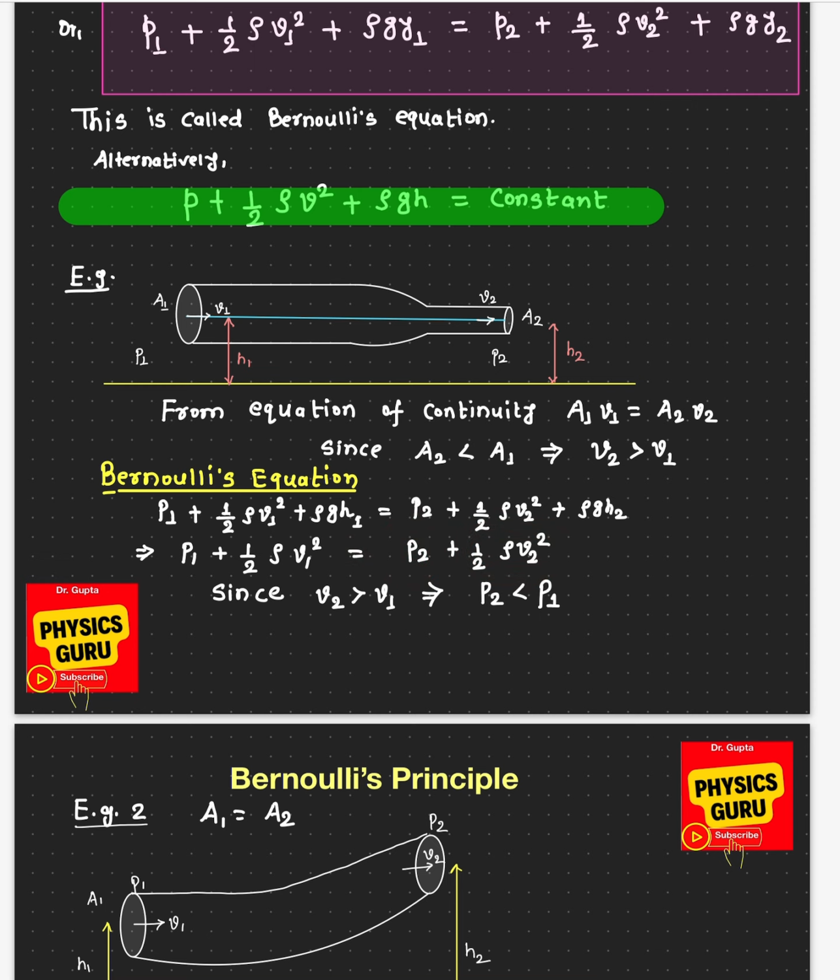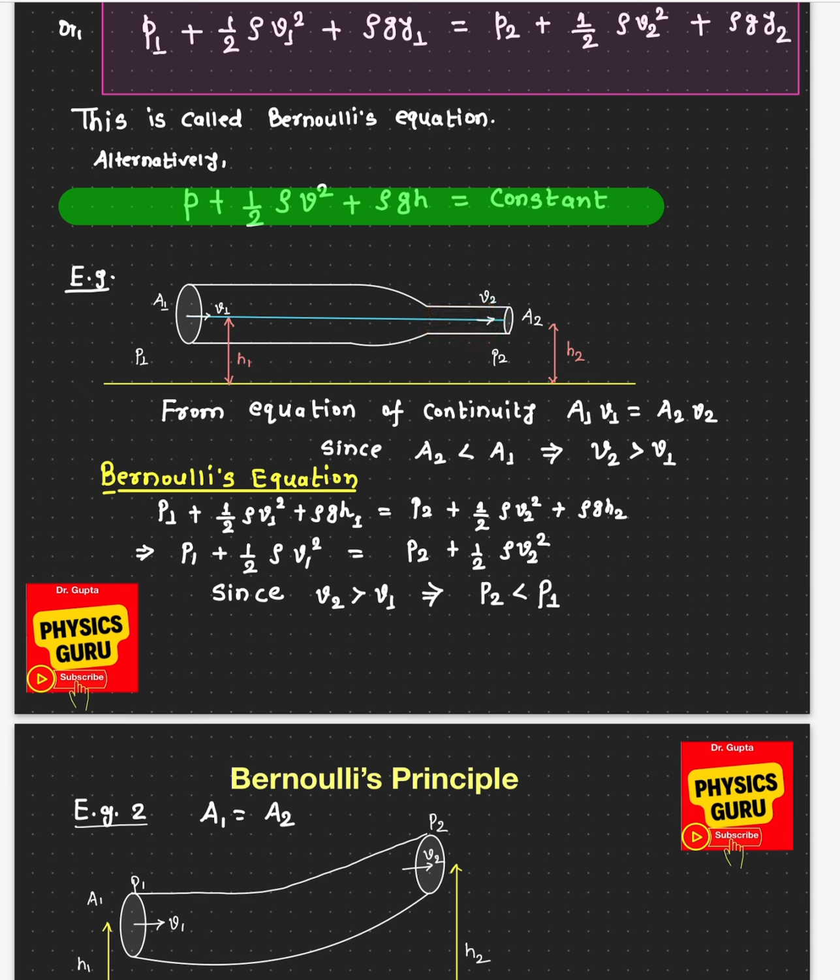So what we got from the Bernoulli equation is that at the point where the velocity is faster, the pressure is small. Just remember this one: when the fluid moves faster, the pressure is smaller, or there is a low pressure. Or in other words, when the streamlines are closely packed, there must be a low pressure.